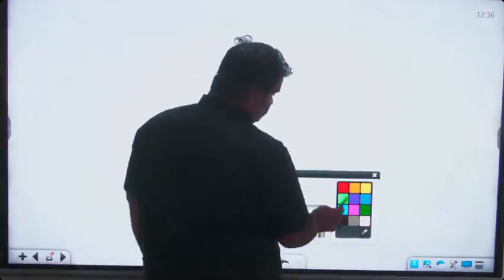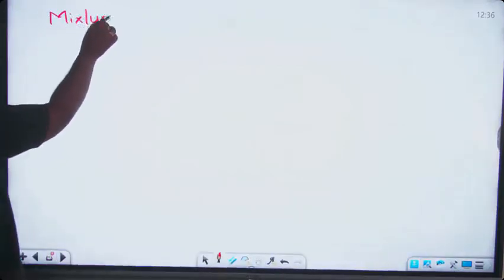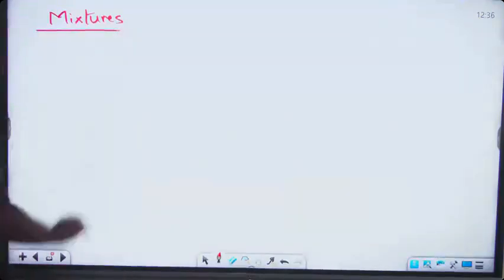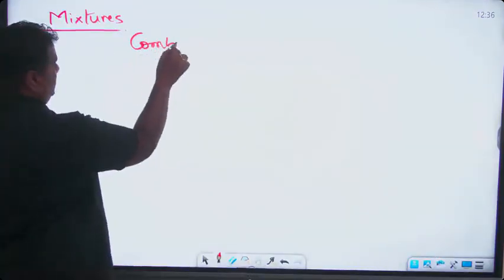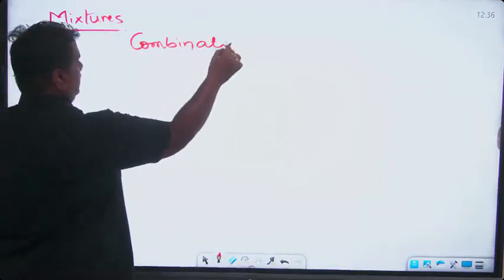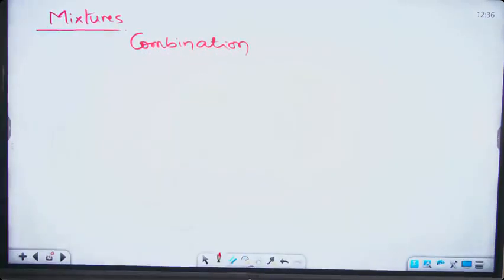So, then come into the case of mixtures. So the moment you're talking about the case of mixture, the combination of two or more substances, రెండు లేదా అంతకన్నా ఎక్కువ సబ్స్టెన్స్ కాంబినేషన్ ని మిక్స్చర్స్ అని అంటారు.